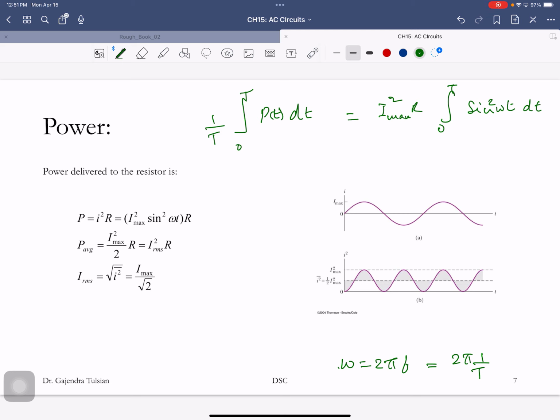If you take the average over one period, 1 over T times this integral, this guy is 1/2.